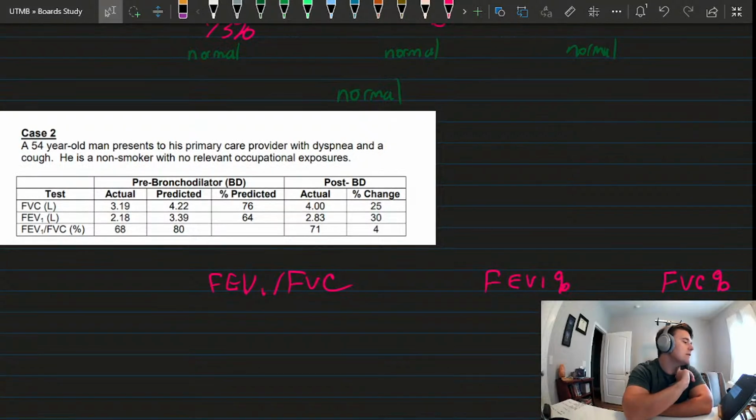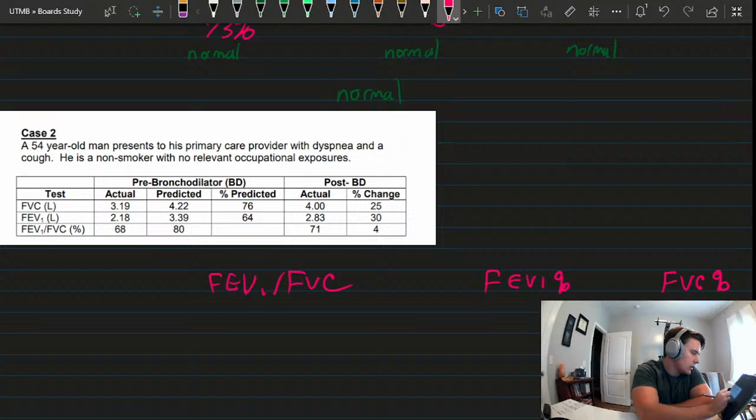So his FEV1 over FVC is 76. His actual is 68. So this is low. So already I'm thinking an obstructive lung disease because he is obstructed on trying to get the air out. So let's keep moving on though.